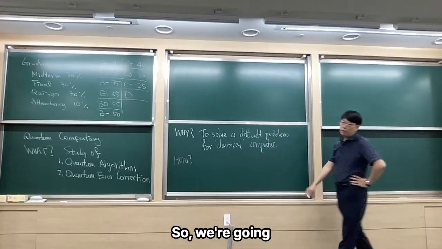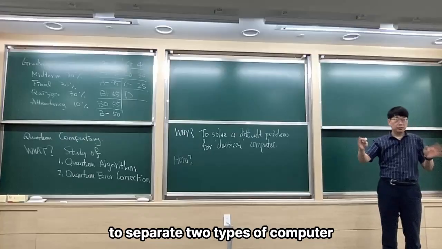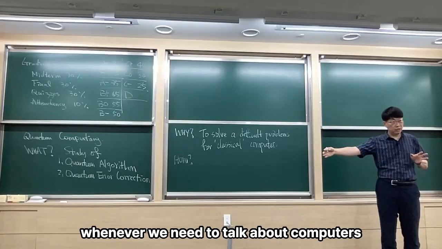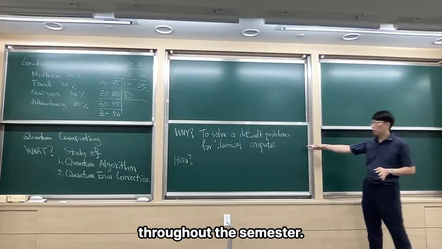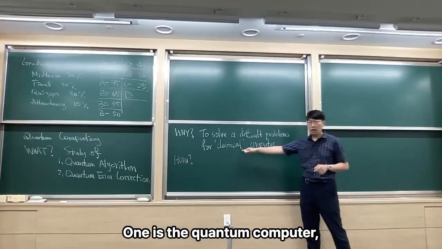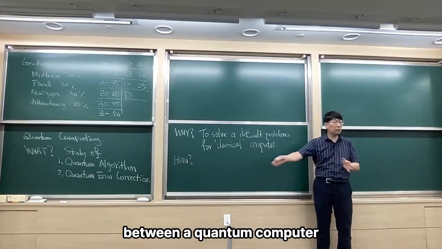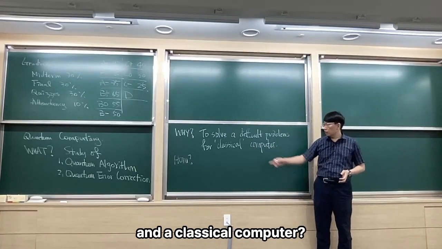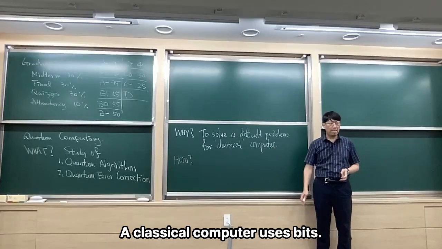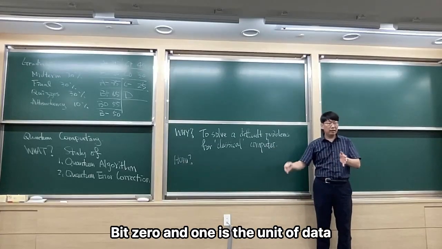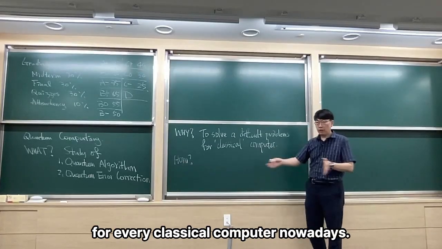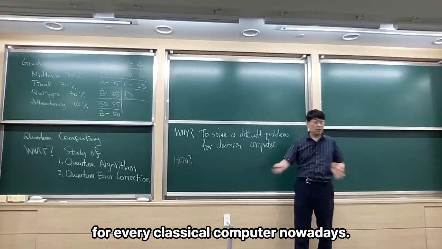We're going to separate two types of computer whenever we talk about computers throughout the semester. One is the quantum computer, the other is the classical computer. What's the difference between a quantum computer and a classical computer? A classical computer uses bits. Bit 0 and 1 is the unit of data for every classical computer nowadays.